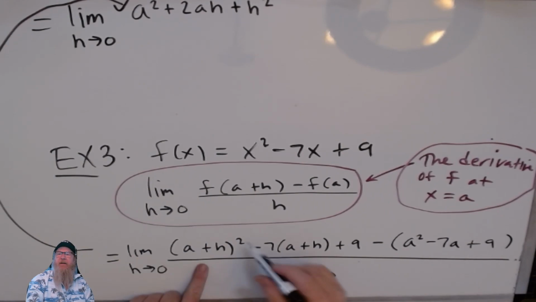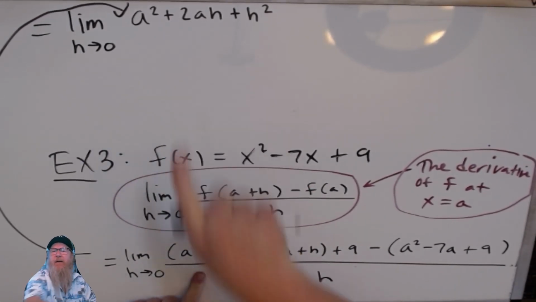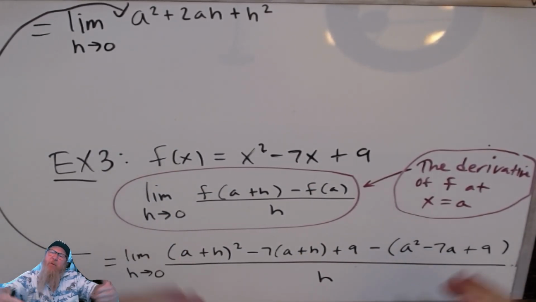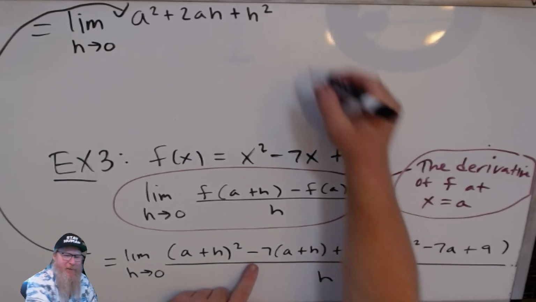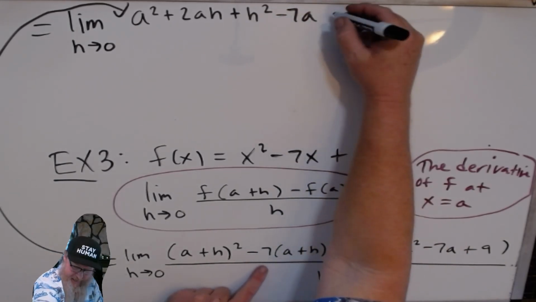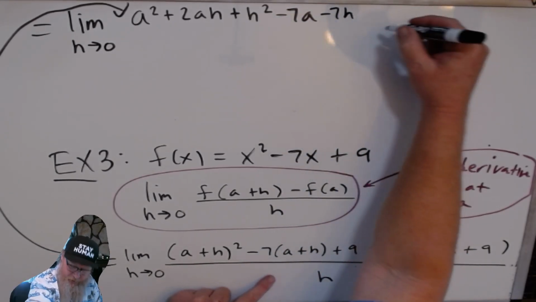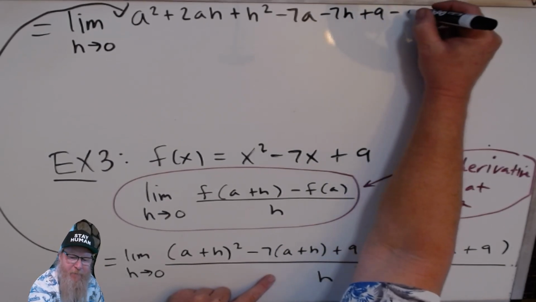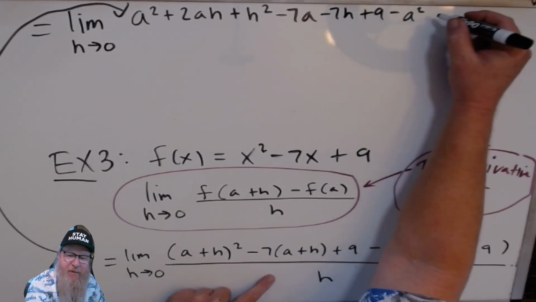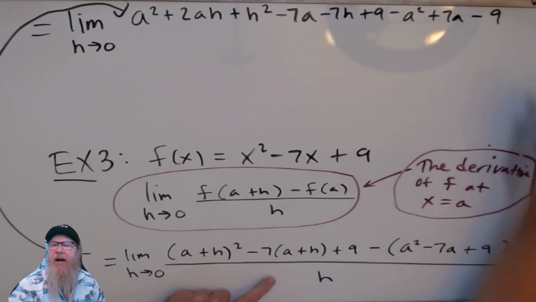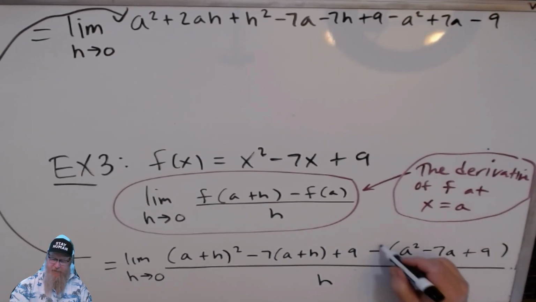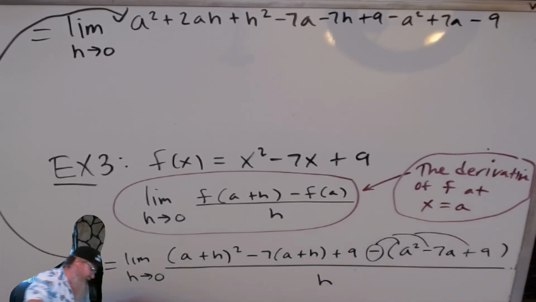I'm picking up from down here, bringing it up here. Sorry, if my board was longer, my camera range was bigger, I could just keep working down. I can't though, I'm out of space. Minus 7a minus 7h plus 9 minus a squared plus 7a minus 9. So this negative changes those signs.